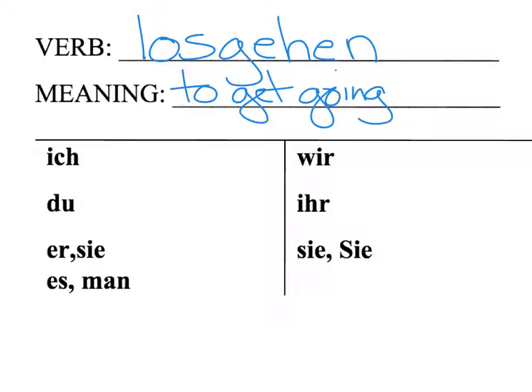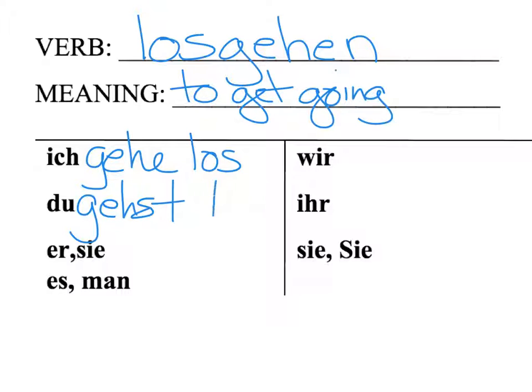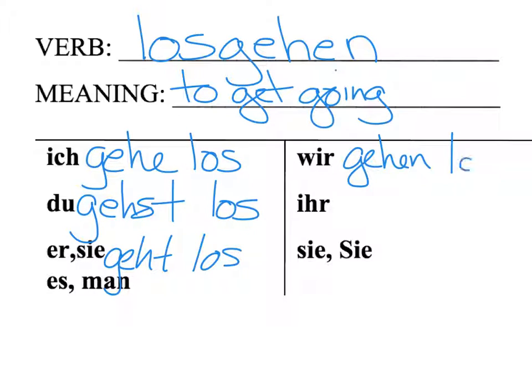Regular. Conjugates nice and normally. So ich is going to be? Gehe los. Du? Gehst los. Sie als Mann? Geht los. Everybody, what's wir going to be? Gehen los. Ihr? Geht los. Und Sie? Gehen los.